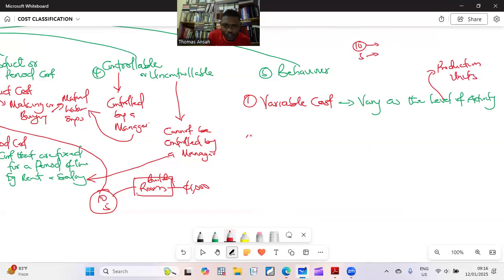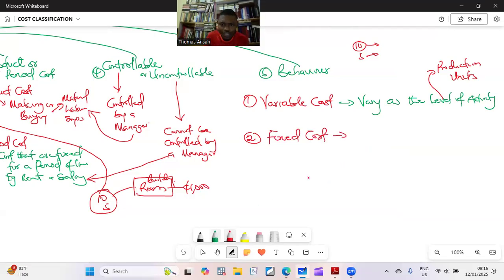Then we have the fixed one. So here too, you could see that the material, the labor sometimes can vary. Then we have the fixed cost. Fixed costs do not vary.